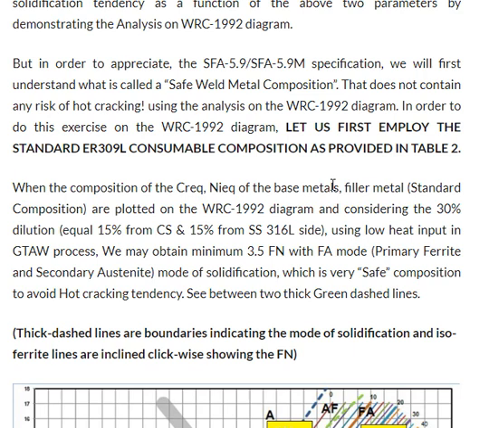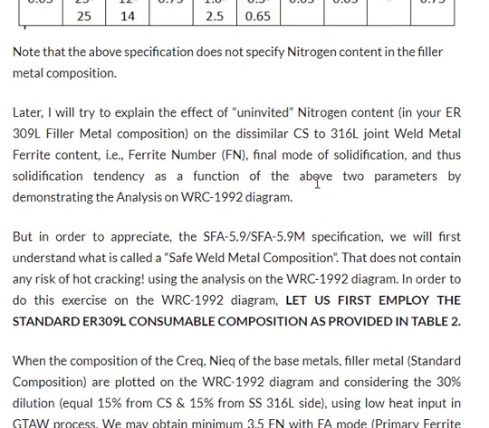Before we carry out the analysis using the actual consumable as mentioned in the TC, first we will try to understand what is called the safe weld metal composition, that does not contain any risk of hot cracking. So let us employ the standard ER309L consumable composition as provided in this table 2.